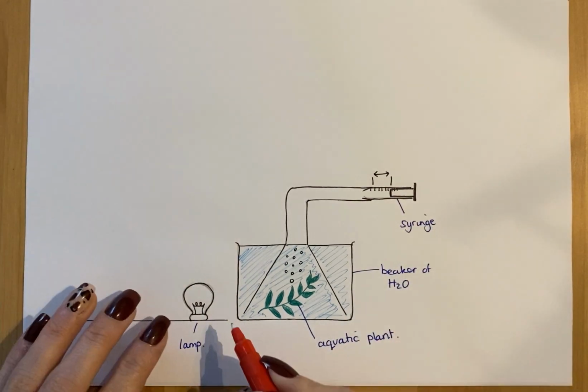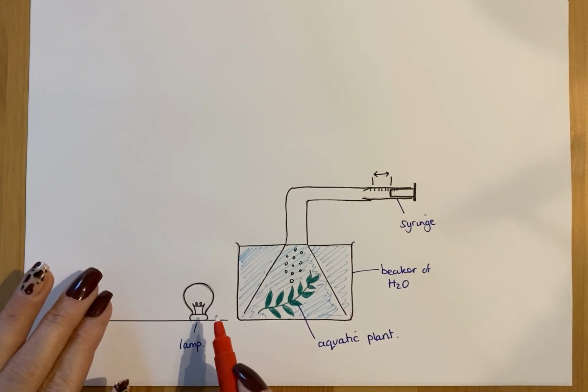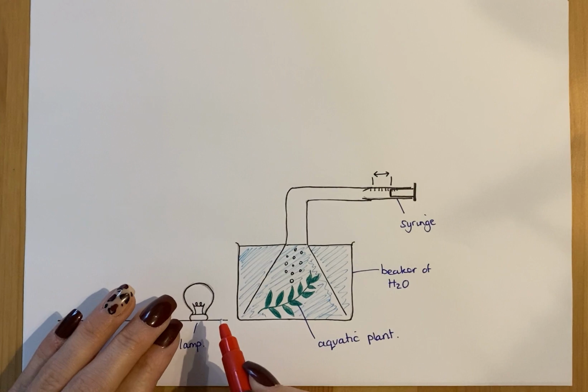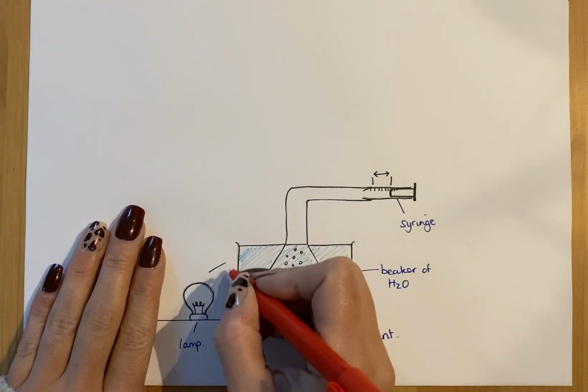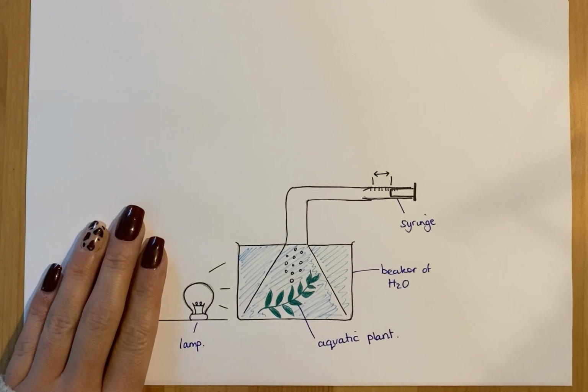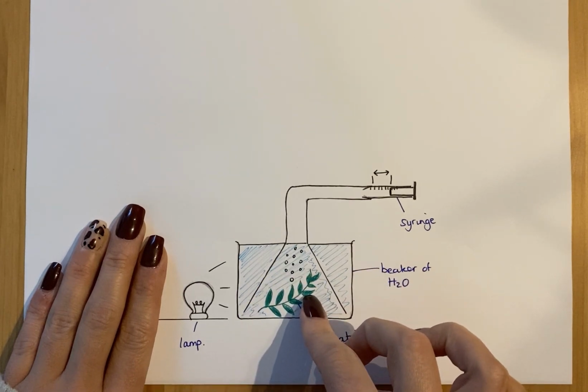Now, if we have a lamp here, we can change the position of this lamp to determine whether light intensity affects photosynthesis. So if we have a lamp here, it'll be giving it a lot of light energy and a high light intensity, and this plant should photosynthesize quite a lot and produce a lot of oxygen.